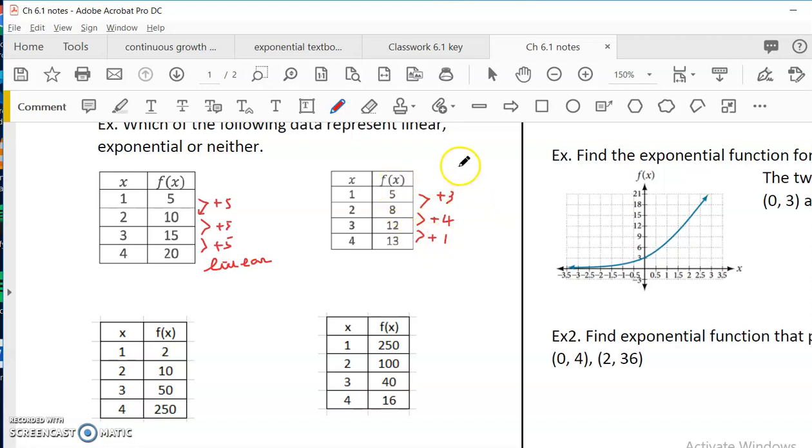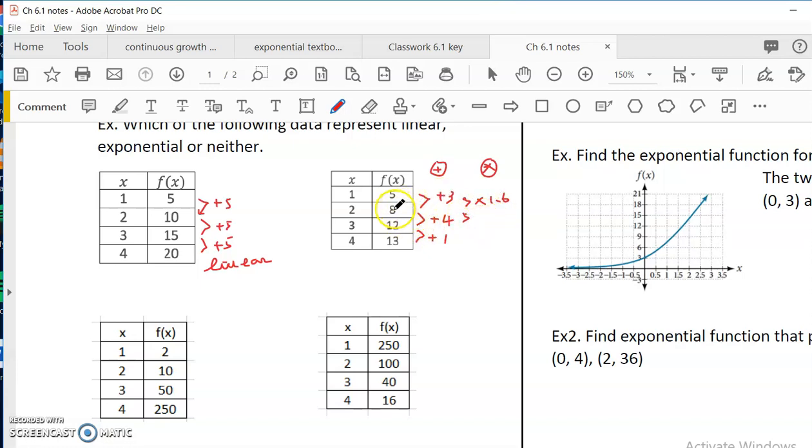So let's look at the multiplicative. If I compare 5 and 8, how much do I multiply to get from 5 to 8? You can investigate plus, and you can investigate multiply. For multiplying, you would divide 8 by 5, so you multiply by 1.6.